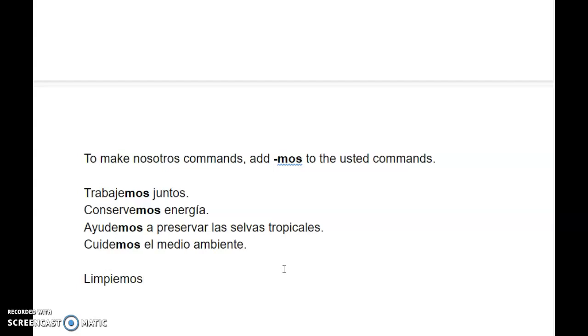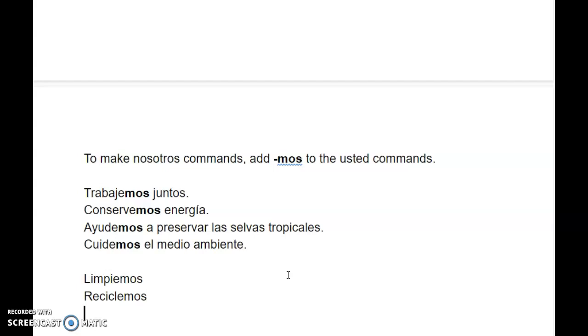Let's go ahead and look at número 2. Reciclar los periódicos y las revistas. So to recycle newspapers and magazines. All right, you should be taking that one and having RECICL, and that's an AR verb, so you're going to add E, and then add MOS. Okay, let's recycle. Let's go ahead and look at the next one.